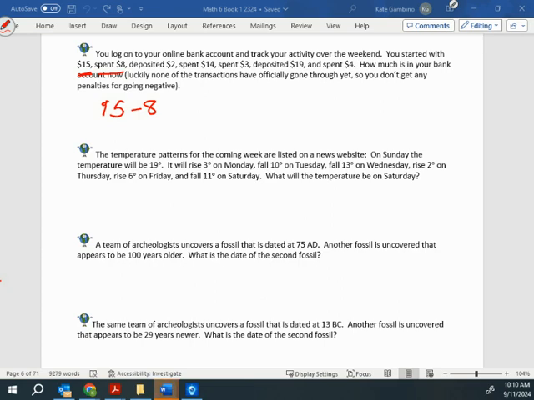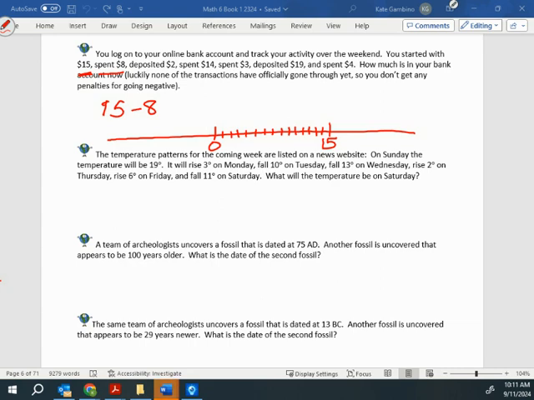Yes. If you want to draw that number line on top to help, well actually we're going to draw a number line because we're going to need to use it. So I'm going to draw my number line right here. I know I definitely need a 15. I'm going to put my 0 here. 1, 2, 3, 4, 5, 6, 7, 8, 9, 10, 11, 12, 13, 14, 15.